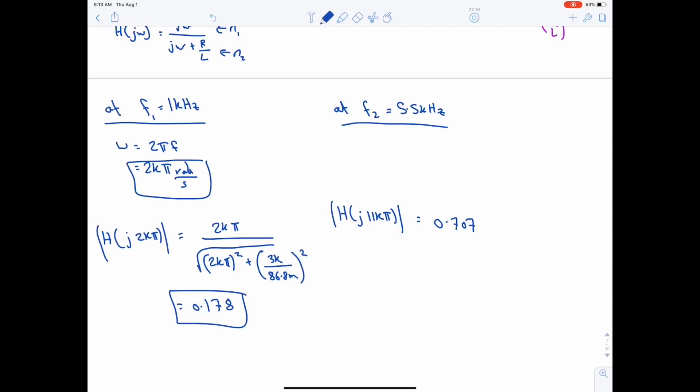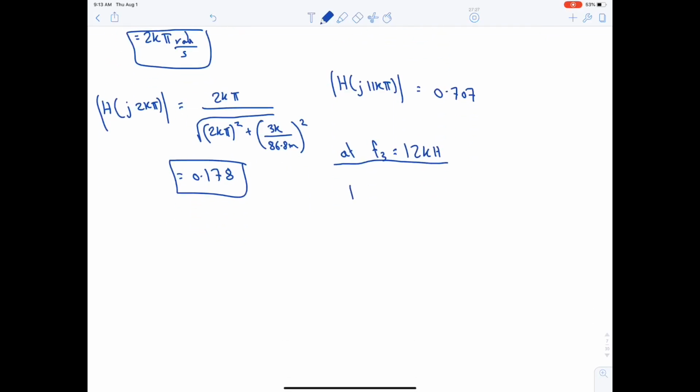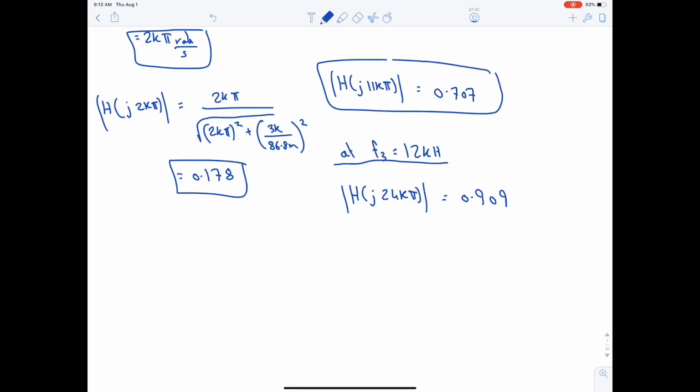For the third frequency, 12 kilohertz, the magnitude at 24 kilo pi will be 0.909. Those are the three frequencies.